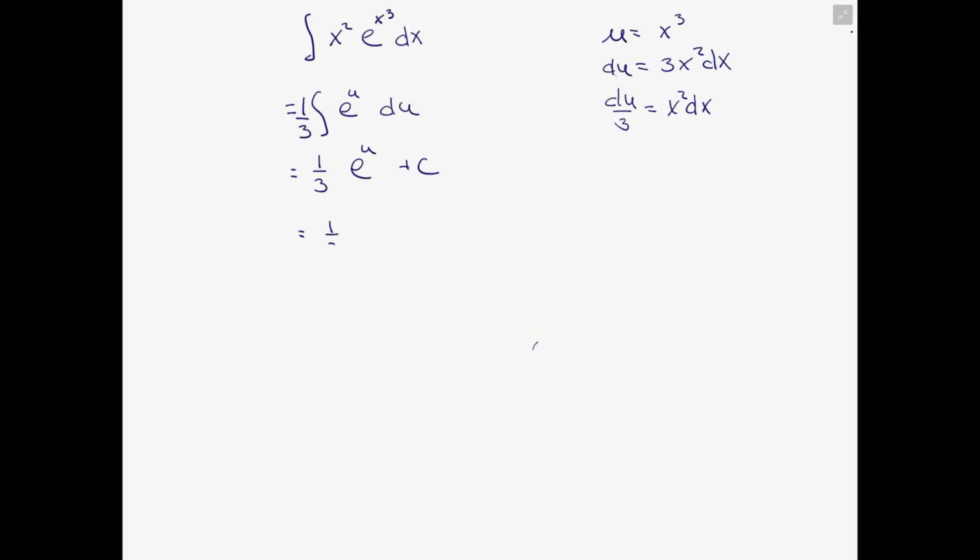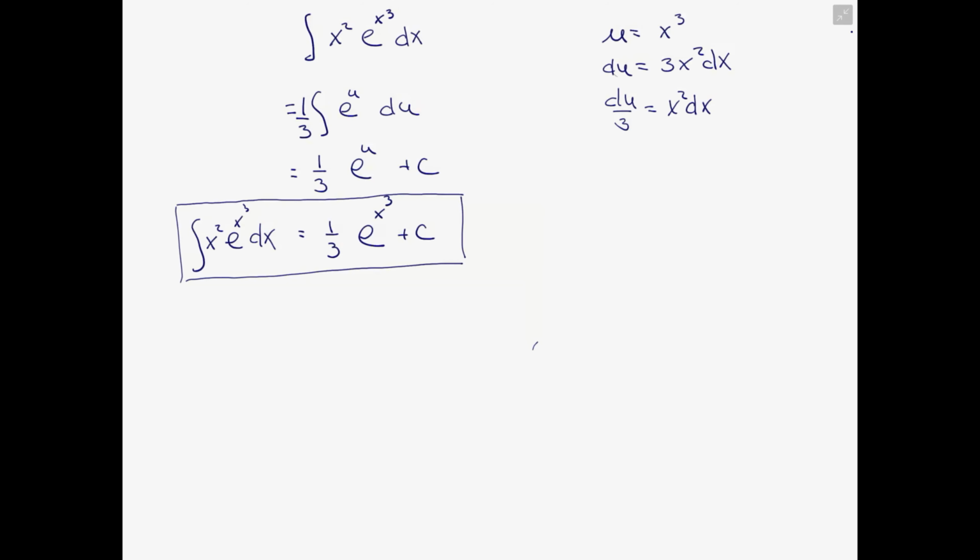And that is 1/3 e to the u plus c, and 1/3 e to the x cubed plus c. And that's a lot more simple than it looked. Initially, it looked like it was going to be a real bear. So we've got x squared e to the x cubed dx, and that's all.